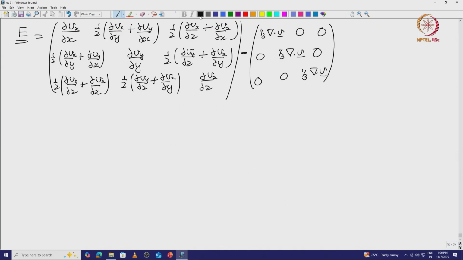Therefore, I can write this E matrix as partial V x by partial x minus 1/3 del dot V, half.